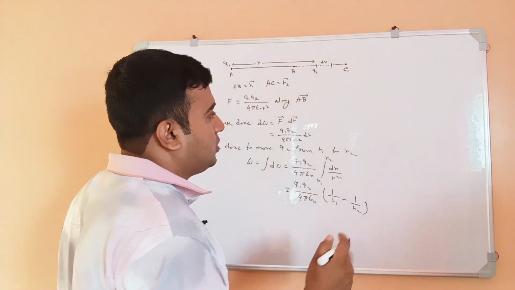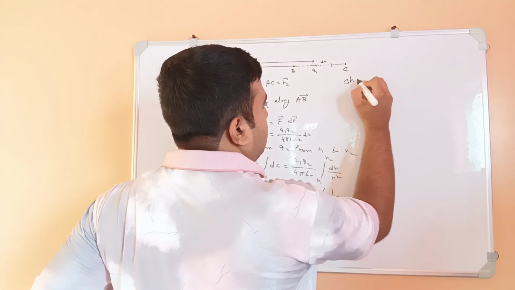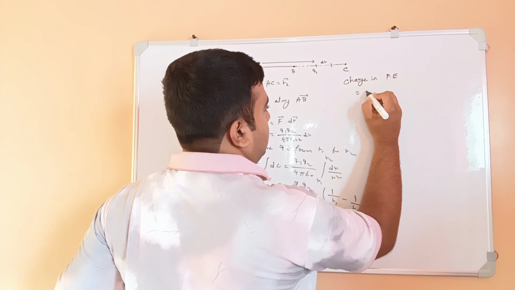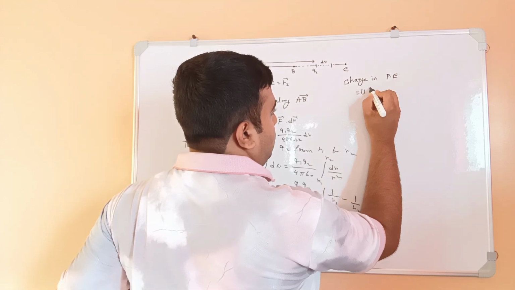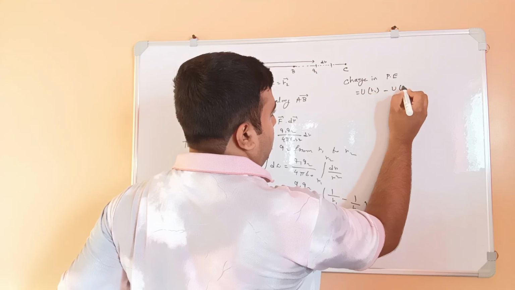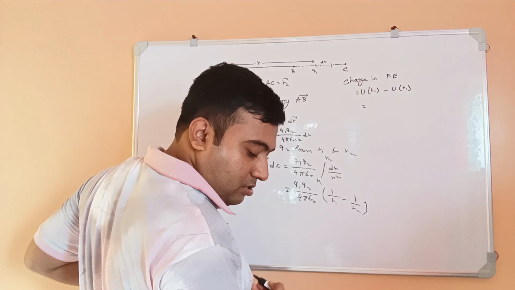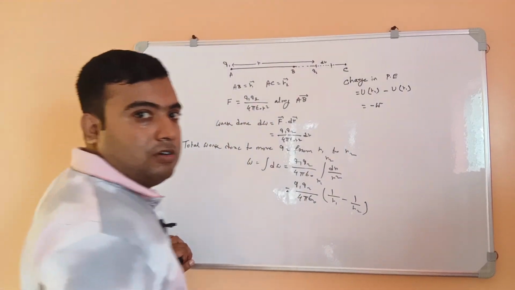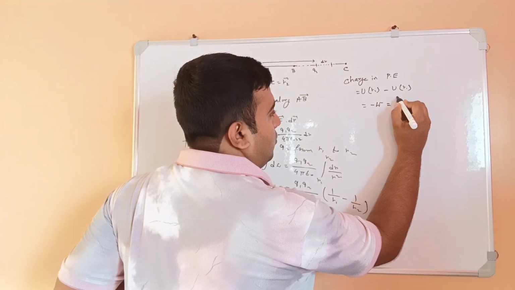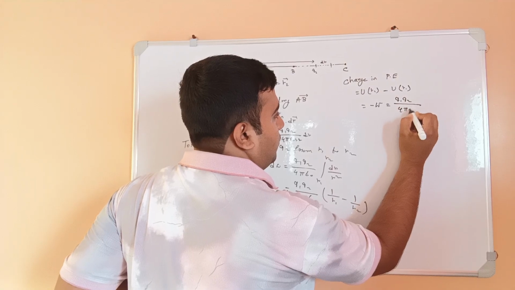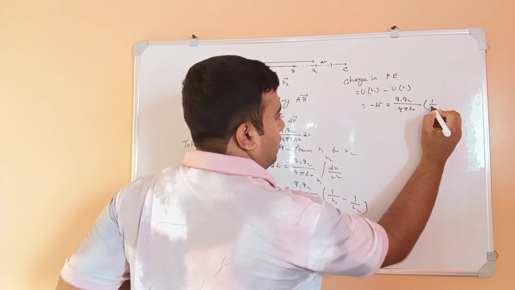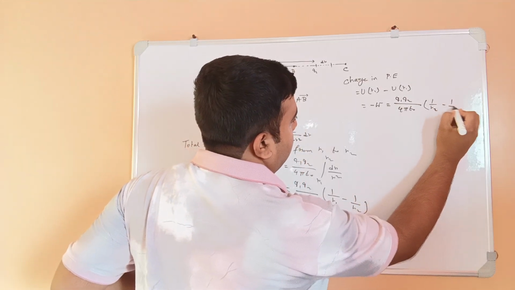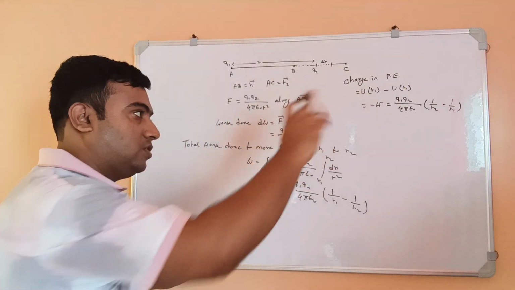So the change in potential energy, U(R2) minus U(R1), is equal to the negative of the work done, that is Q1 Q2 by 4 pi epsilon naught times 1 by R2 minus 1 by R1. So negative of this.